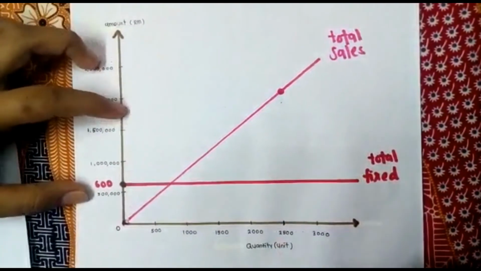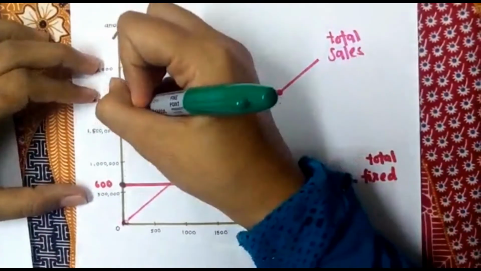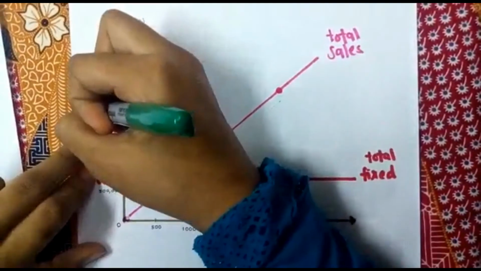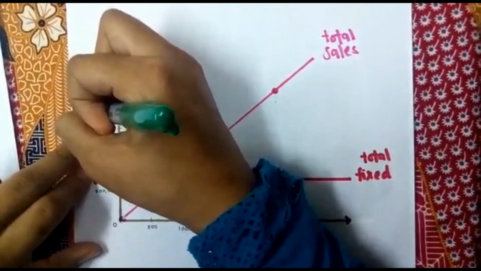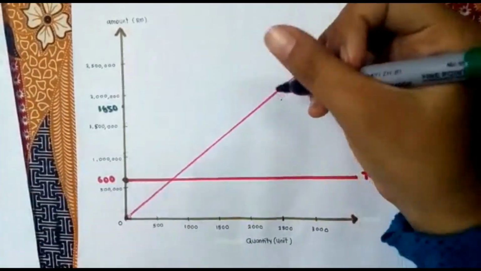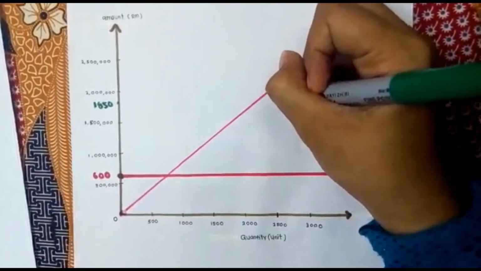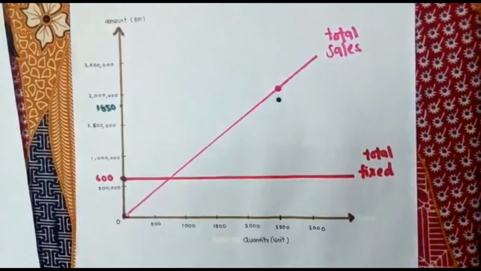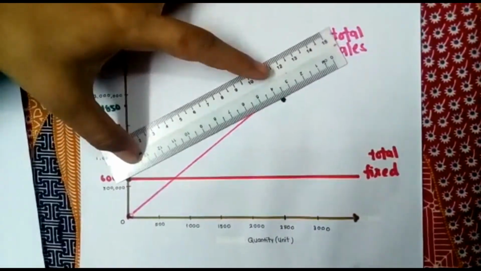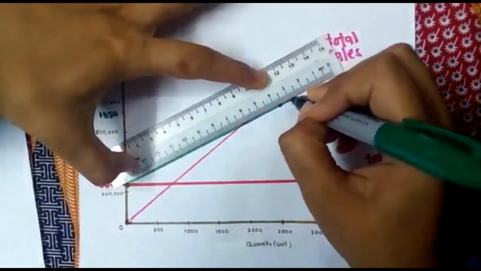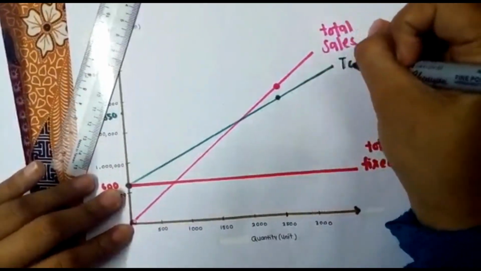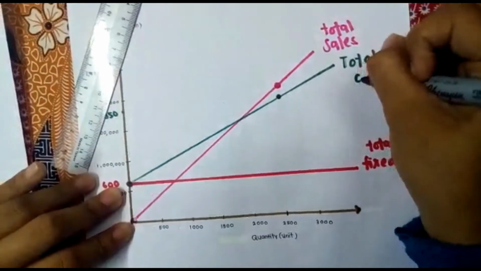Approximately will be here. So the point will be here. Now we will draw the cost line. This is the total cost line.